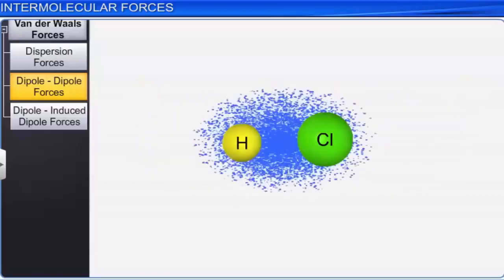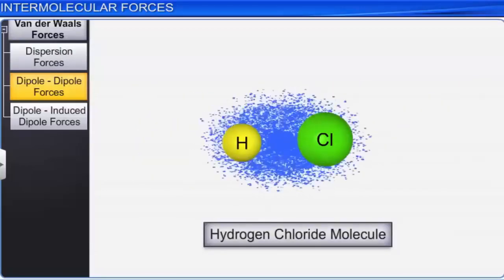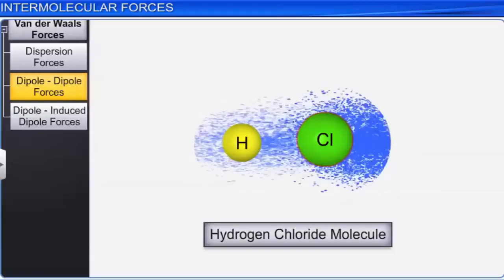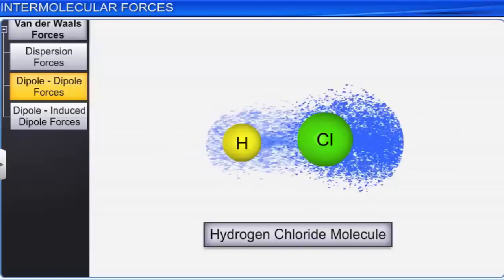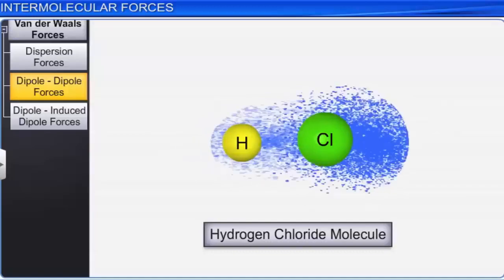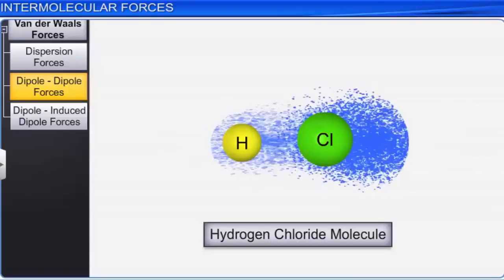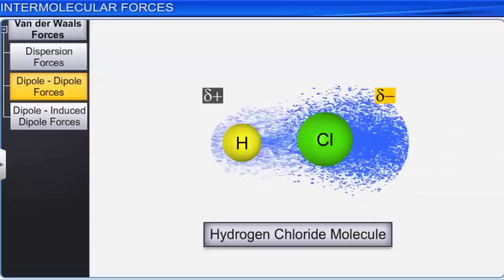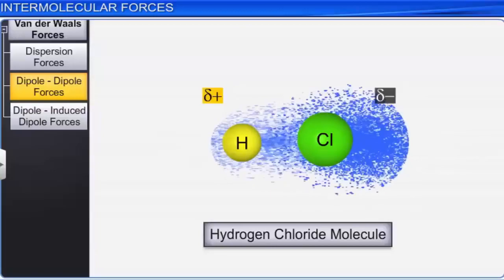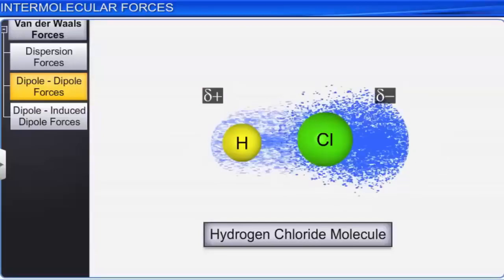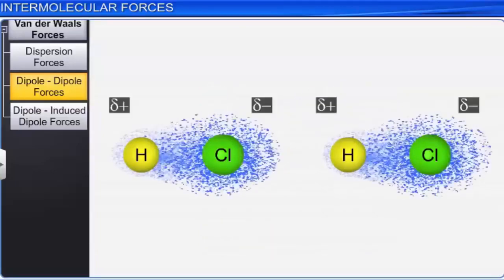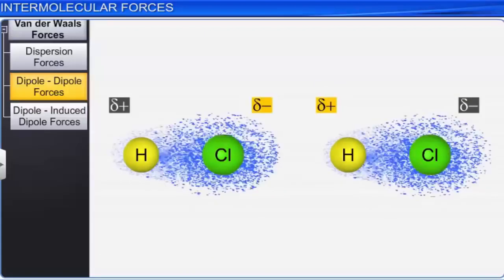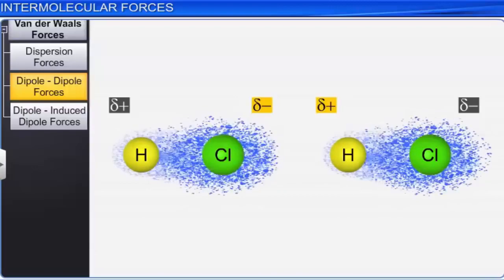For example, in hydrogen chloride, due to the greater electronegativity of chlorine, it attracts the electron cloud more towards itself, and thus its end has a partial negative charge and the hydrogen end has a partial positive charge. The attraction between the positive end of one polar molecule and the negative end of the other polar molecule forms the dipole-dipole forces.